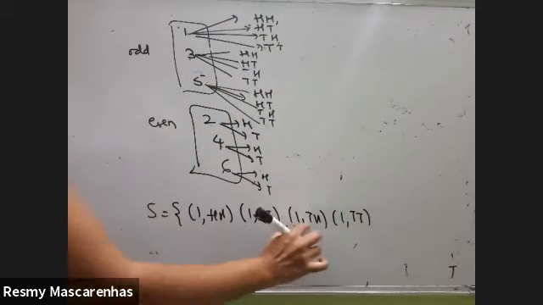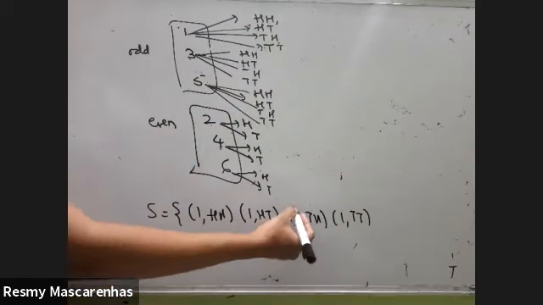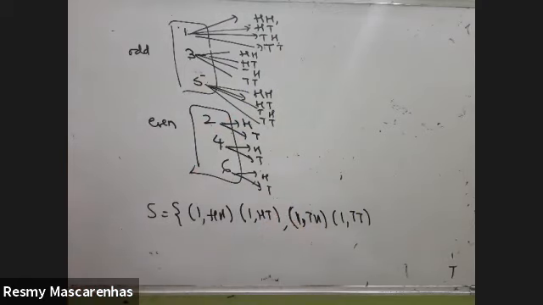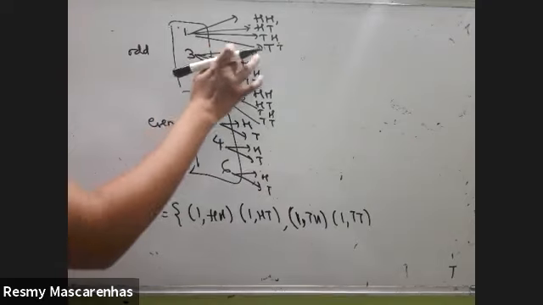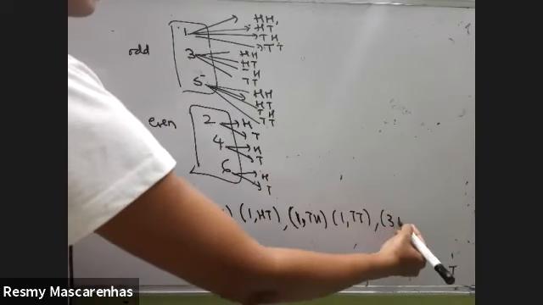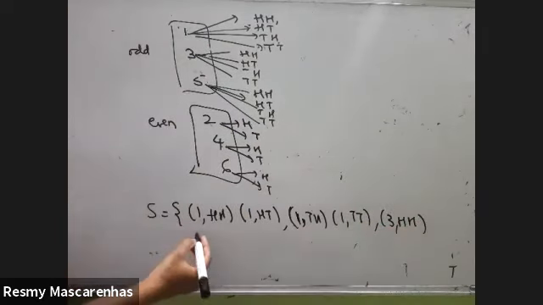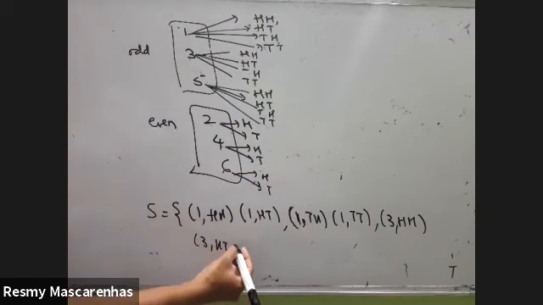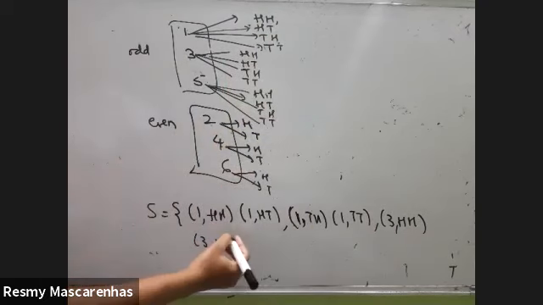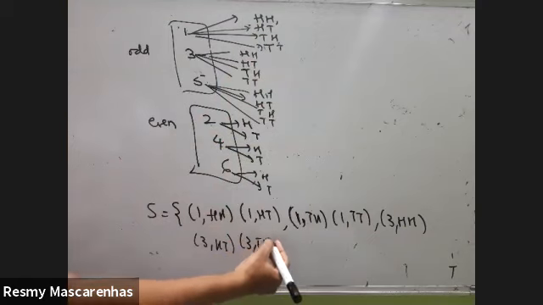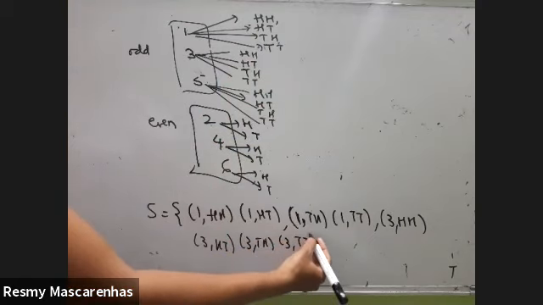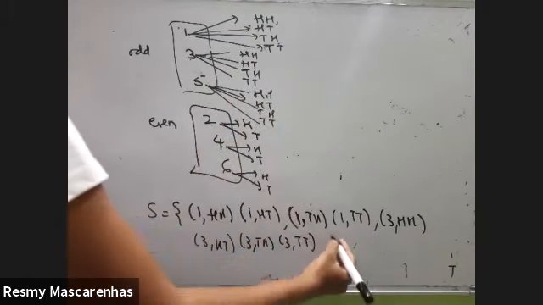So these are the possibilities if you get 1 on the die. Now, if you are getting 3 also, it will be the same. 3 comma head, head. Same way 5 comma.